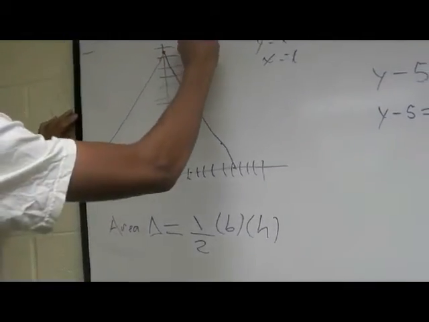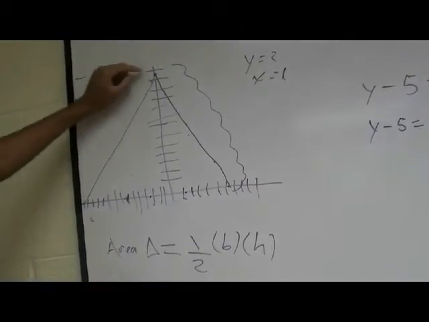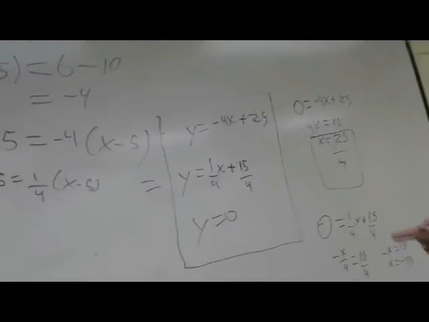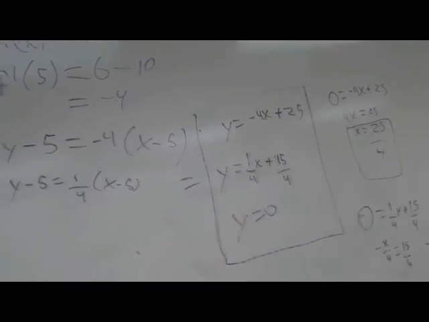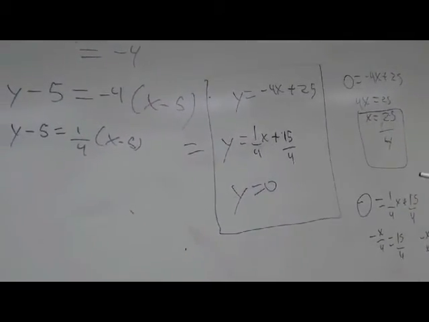So that distance, and we already know the point of our top vertex is going to be, we just solved for it. 25. You didn't solve it, you said it was 25. Actually, no, you erased it, I think. It's going to be 25, I think.